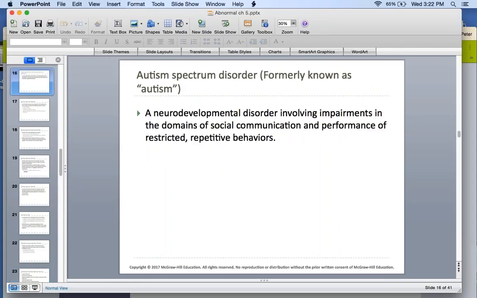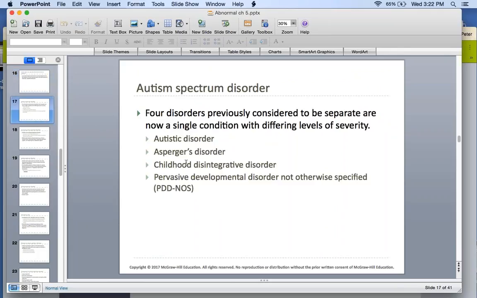All right. So along with that, we're now going to talk about autism spectrum disorder, formerly known as autism. Now, autism spectrum disorder is the new term that is used for several different disorders. And that are these.